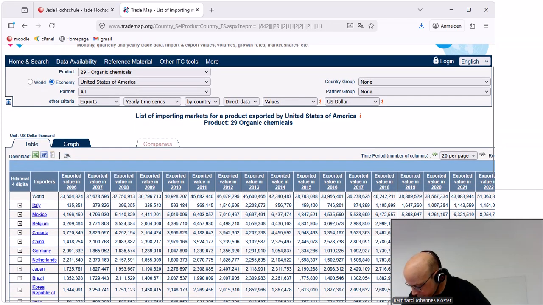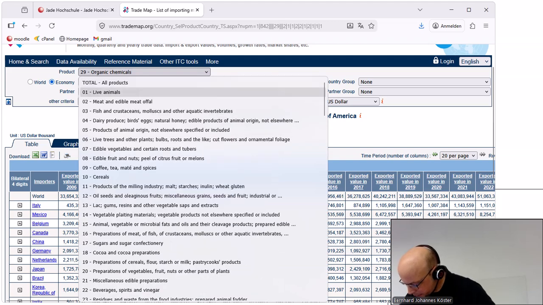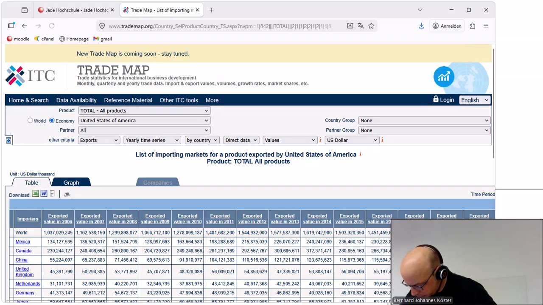And then if you see within the product that this is very important for the country, then you can also go into detail and look at this category and which countries are then the largest trading partners in this category. But let's go back to total product.